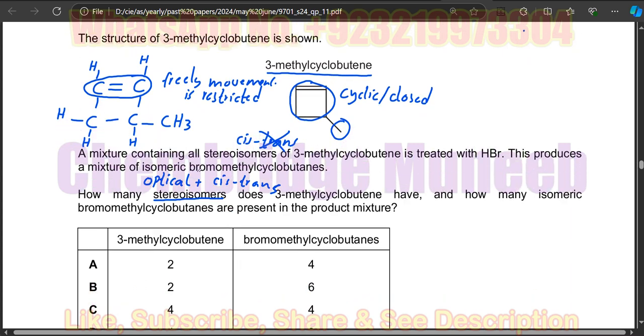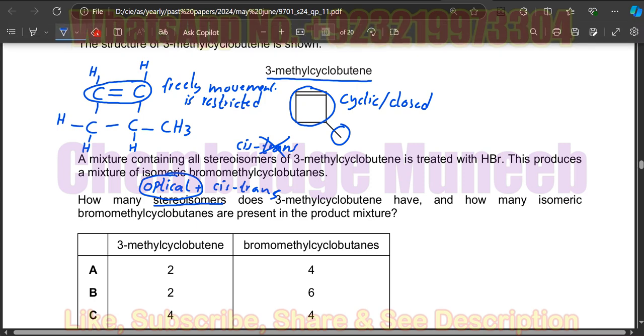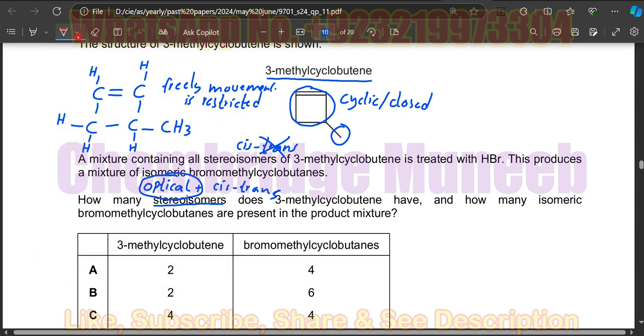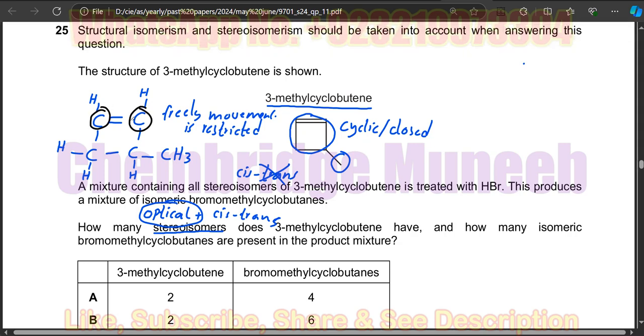Now we will check the other type of isomerism, which is optical isomerism. In this structure we have to check which carbon atoms are bonded with 4 different atoms or groups of atoms. These two are not included because they can only have 3 atoms here: hydrogen, carbon and this carbon.